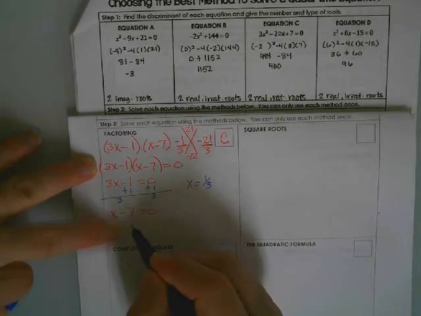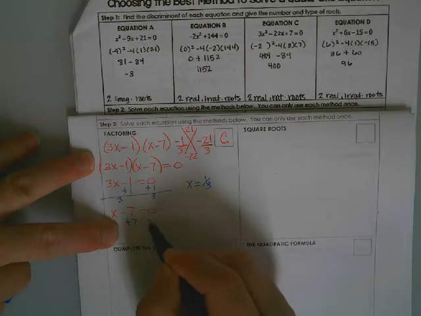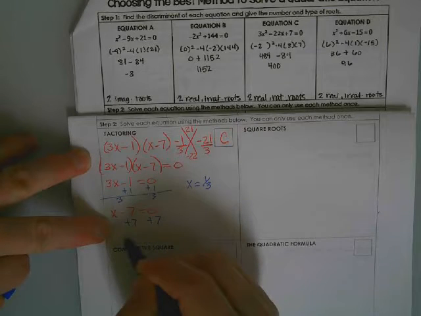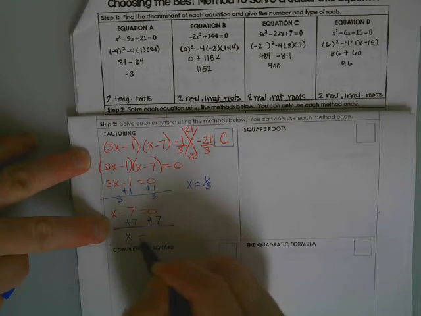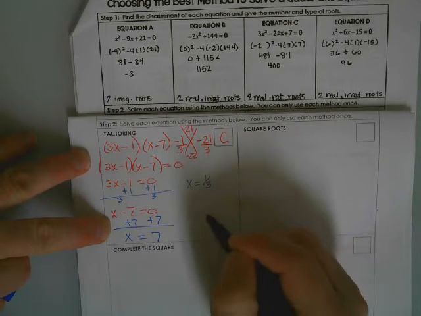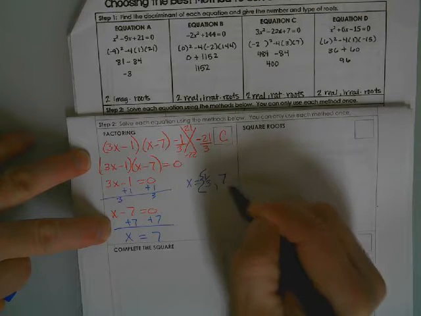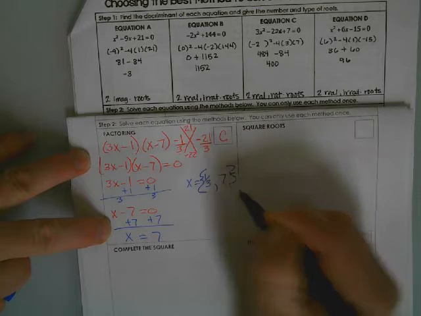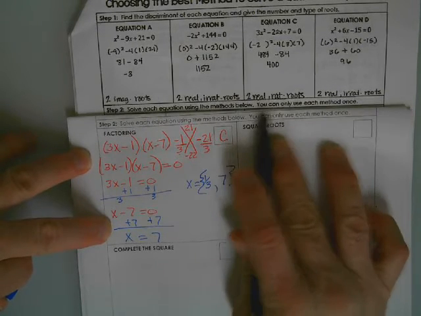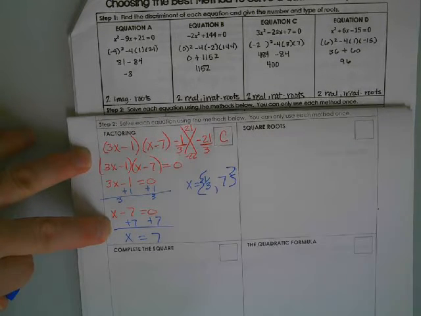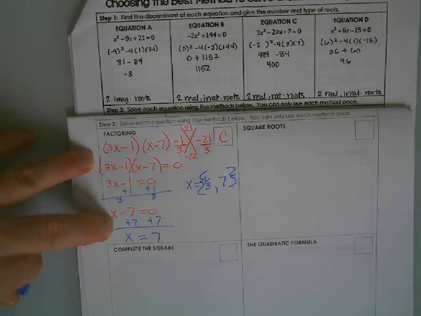And here I would add 7 to both sides, and x is equal to positive 7. So x is equal to 1/3 and positive 7. Those are real rational roots. And it wasn't terribly difficult to factor. So that makes sense.